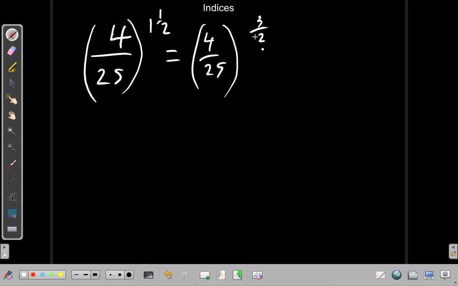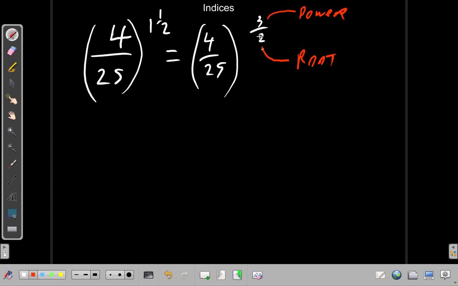Now, remember, when you have a number raised to a fraction, at the top is the power to which you must raise it. At the bottom, the denominator is the root that you must find. Alright?